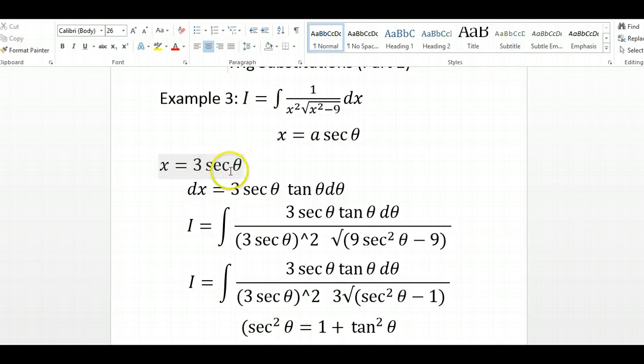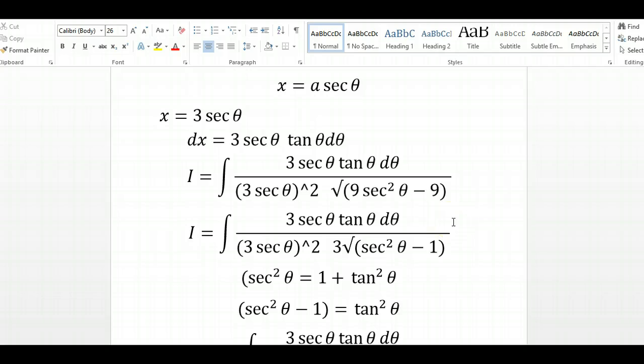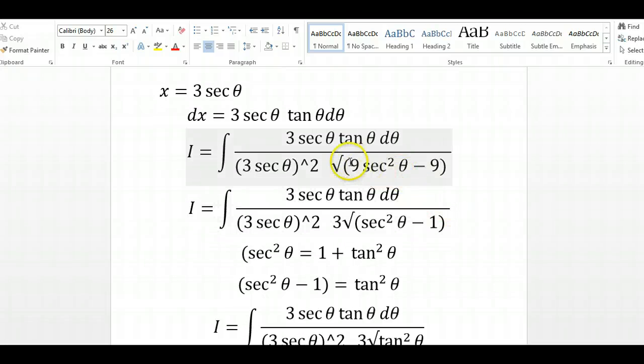So we have the square root of 9 secant squared theta minus, of course, another 9. Now the first thing that we can do is to get the 9 outside the square root, and that becomes 3, and the rest I will leave as it is. When you do that, you will see that we have secant squared theta minus 1.